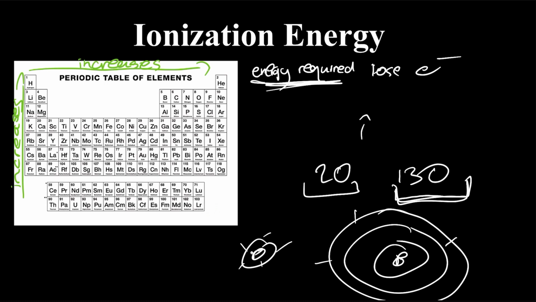So which one is going to lose that electron easier? The one where they're very far away and it doesn't really care what's going on there because it's not attracted to it either way, or the one that's very close to its valence shell and it wants to keep those electrons? It's going to be this one. This one's going to have a low ionization energy because it's going to be easier to remove that electron because they're far away. They don't have a great attraction anyway.